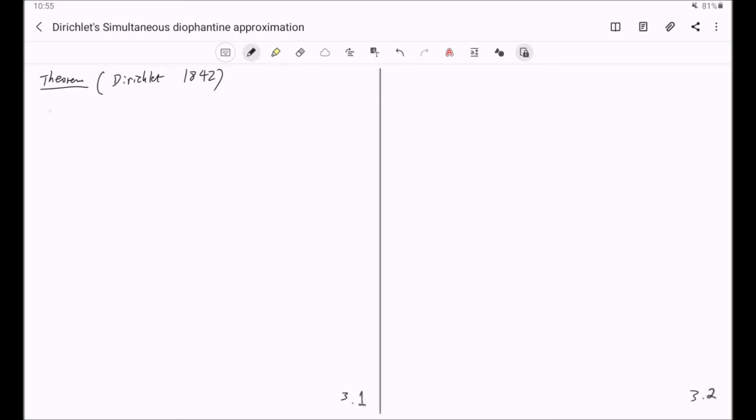The theorem says, let A be an M by N matrix with real values and let Q be a real number greater than 1.